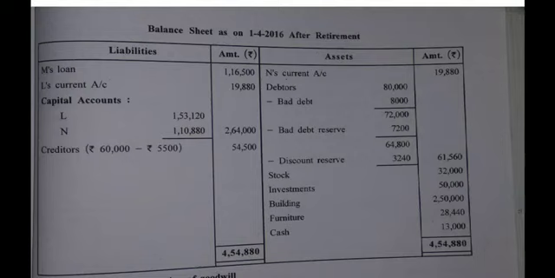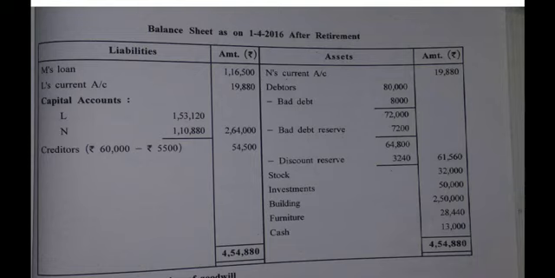So total debtors 80,000 minus bad debt 8,000. Done? So now what is the amount of debtors? 72,000. Then your adjustment says provision at 10%. So what is 10% of 72,000? 7,200. So what is the amount for debtors now? 64,800. Further, your adjustment says 5% discount reserve. So what is 5% of 64,800? It is 3,240.